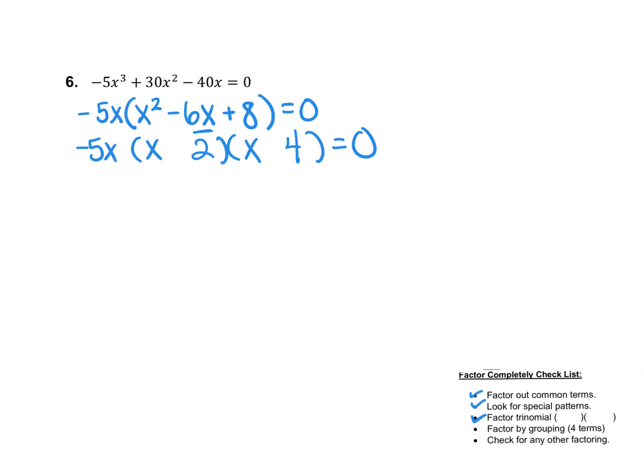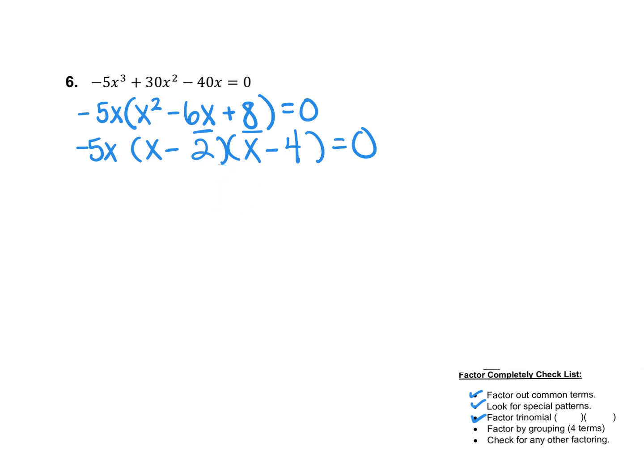So I have a 2 and a 4, and remember, we want them to be positive in the product. So negative 2 times negative 4 makes that positive 8. And then let's check to see, does the negative 2x and negative 4x make that middle term? Yes, it does.